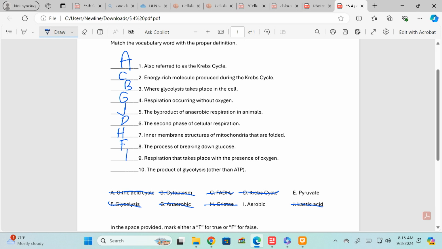All right, and then the last one here, the product of glycolysis. So through glycolysis, we are making ATP. We're going to make a different molecule, though, as well, and that's called pyruvate. All right, y'all, great job. There's the top 10. I think there's five more at the bottom. Take a moment, make sure you got all those copied down, and then I'll scroll down here in just a second. We'll knock the last couple out.